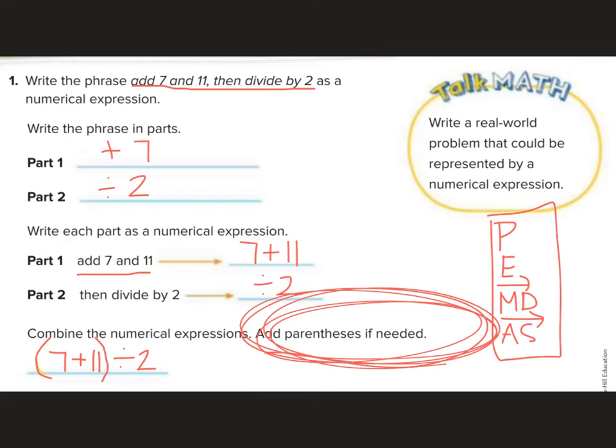So we're going from phrases to numerical expressions, and then we're going to go backwards too. So we're going to go from a numerical expression, and how can you write that in a phrase? I do want to talk about these words though. So if I want to add 7 and 11, I could write the sum of 7 and 11.